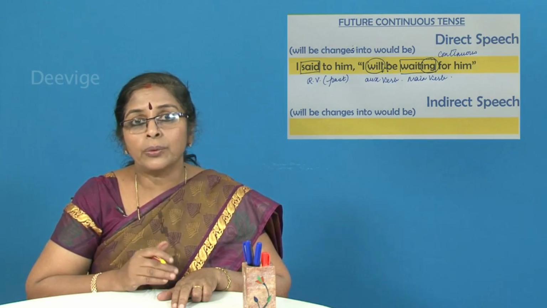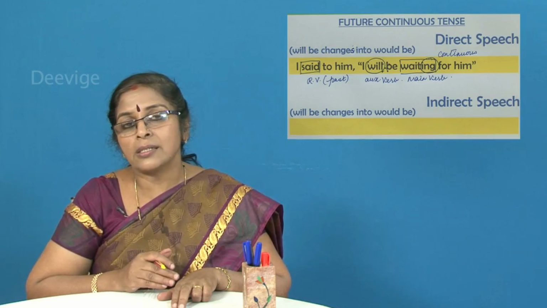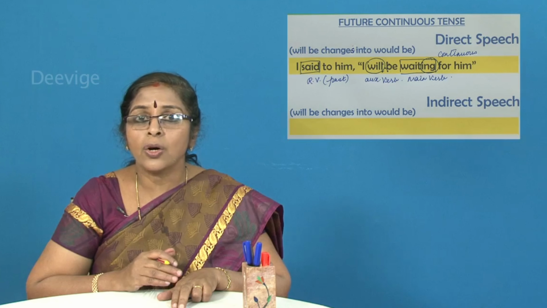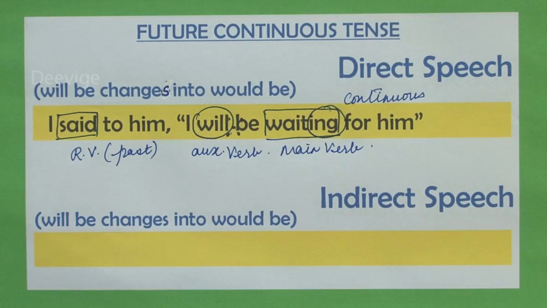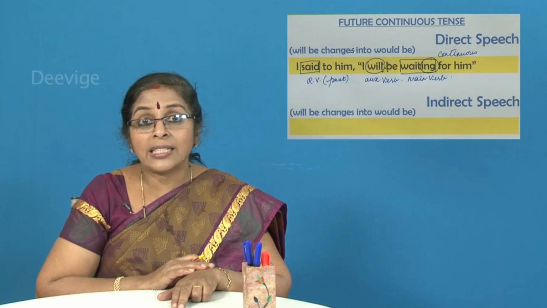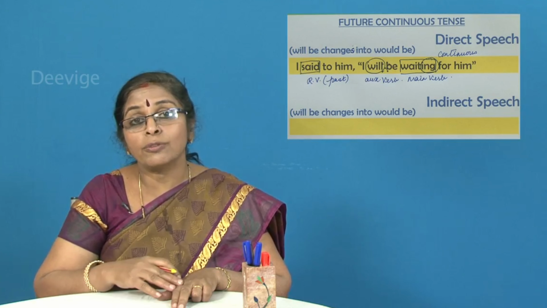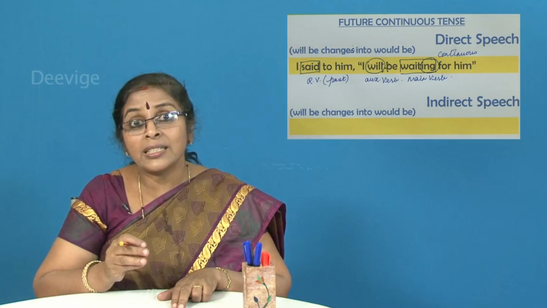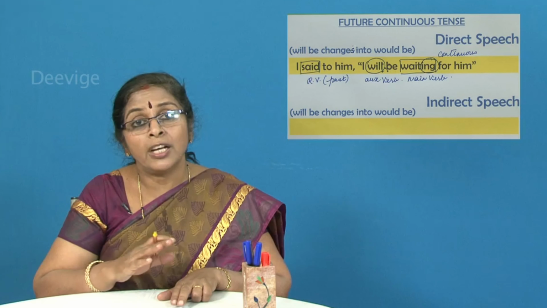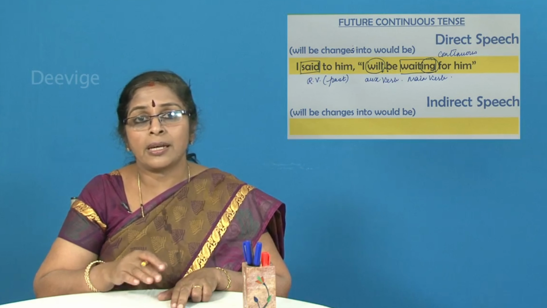So now we'll go about changing this particular sentence into the indirect or the reported speech. So I said to him, again look, I have written I, the letter I in capital. Not only because it is in the beginning of the sentence, but the letter I itself has to always be written in capital letter.